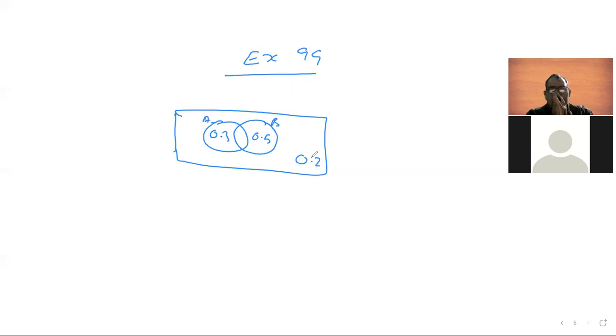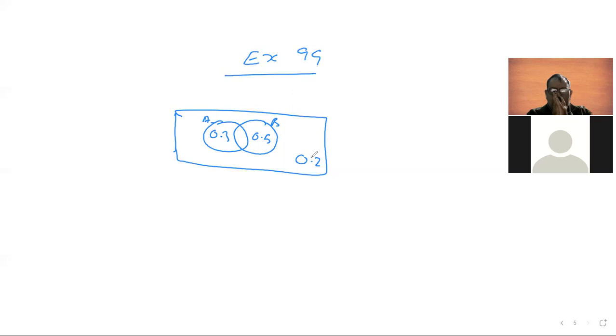A times B. Do you think the total probability will be 1? So what is the total probability here?